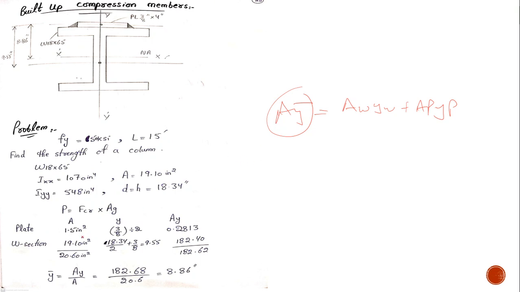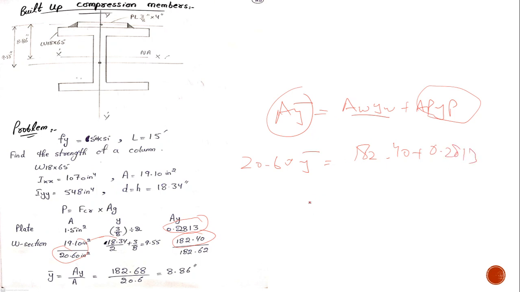You have the area 20.60. This is this. You have multiplied this area with this. So this is 182.40. APYP, this is this.